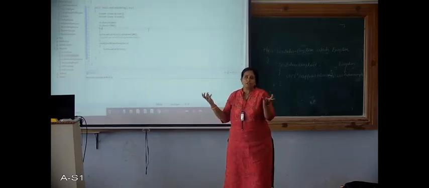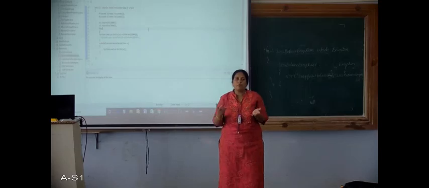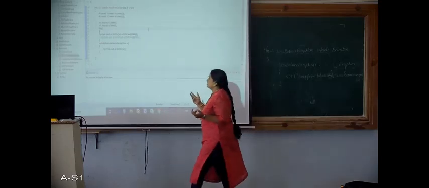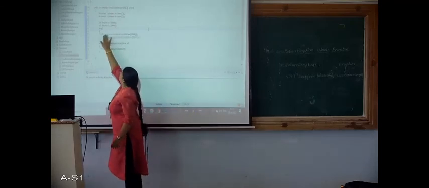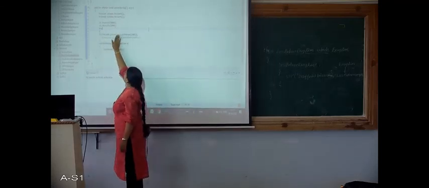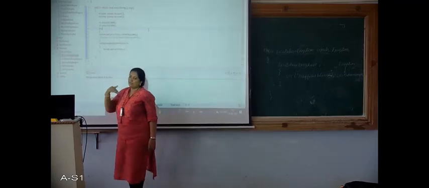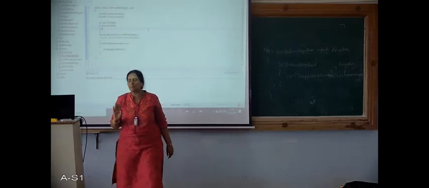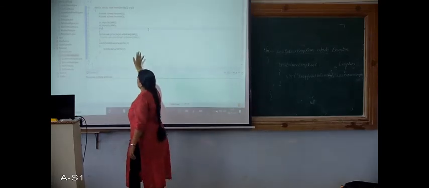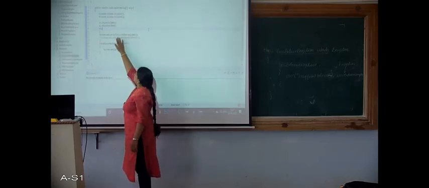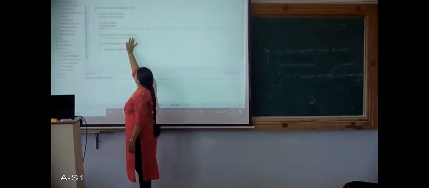If it is not returning anything, say void withdraw, if that is the definition, then you can skip this. You can just remove the System.out.println. You can just write A1.withdraw with whatever amount, and then you can call the A1.display method to display the current balance. But as per this program, it returns a double value, and so I am using System.out.println.